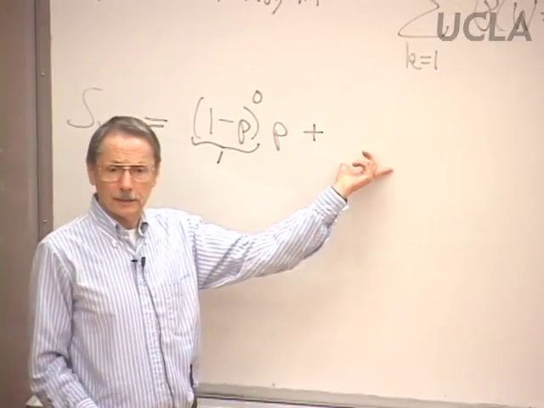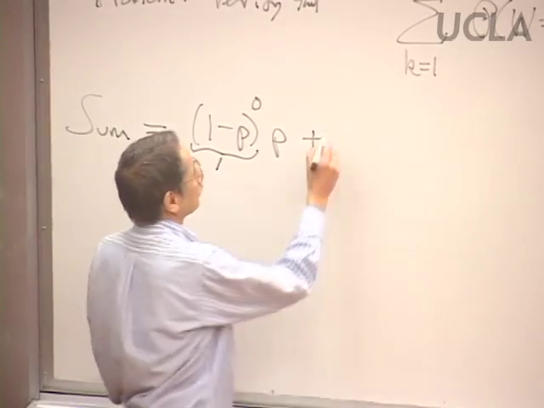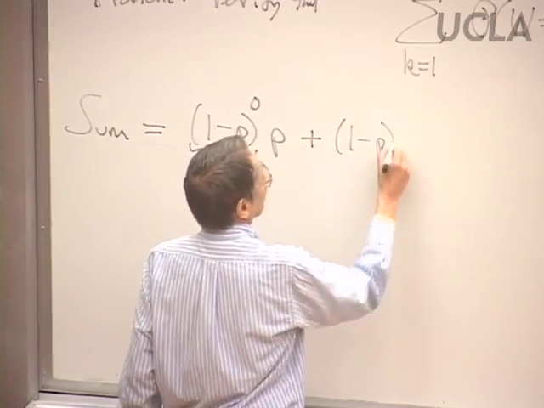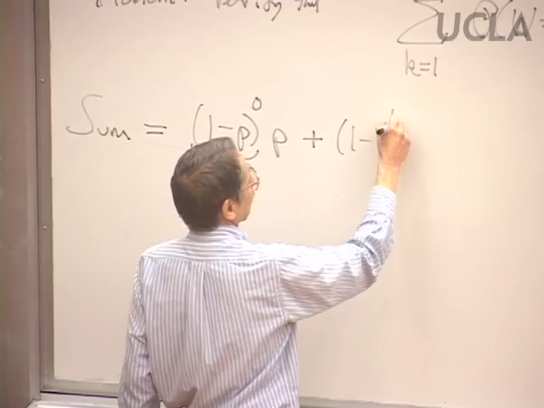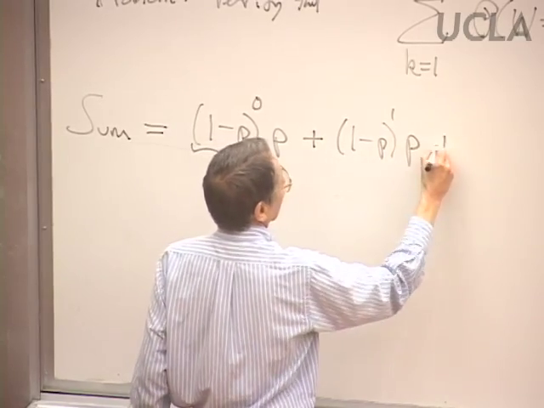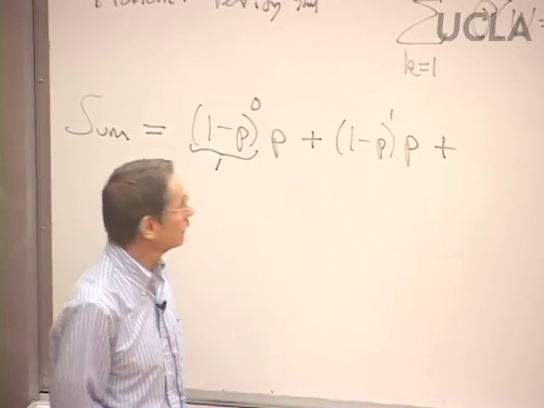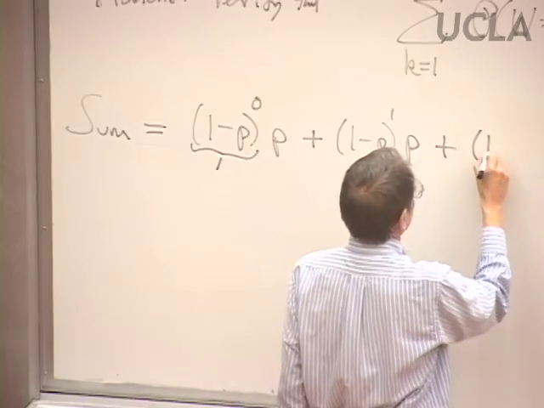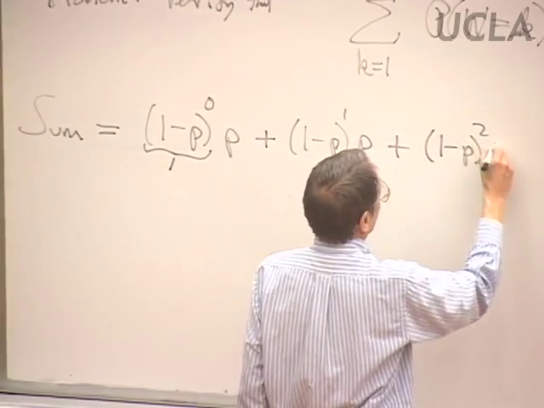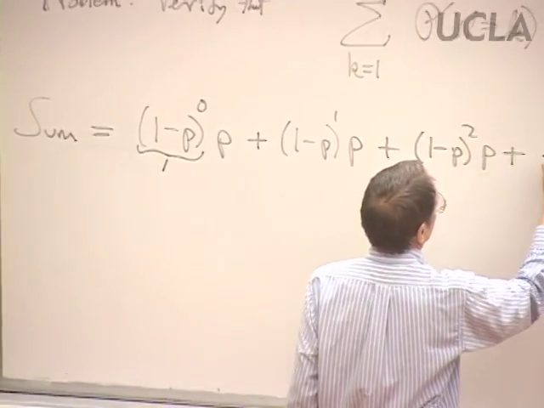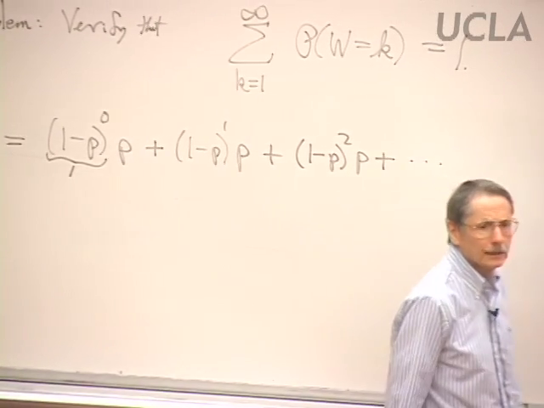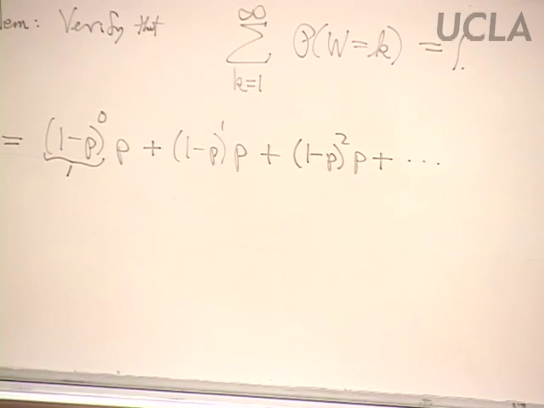Plus the probability that W is 2. Plug in k equals 2 there. We plug in k equals 3. And we have this infinite sum, but each term has that factor of p in it. Let's factor that out.